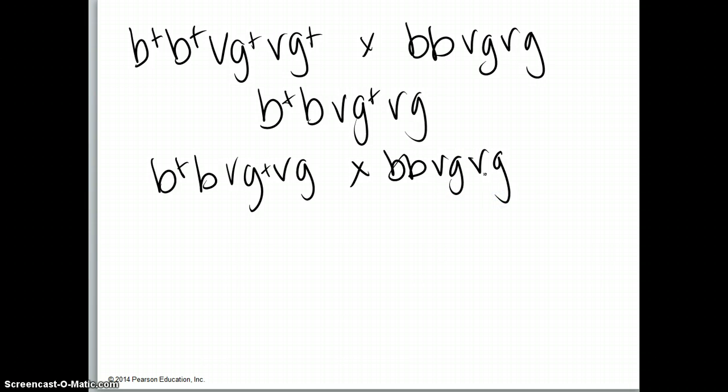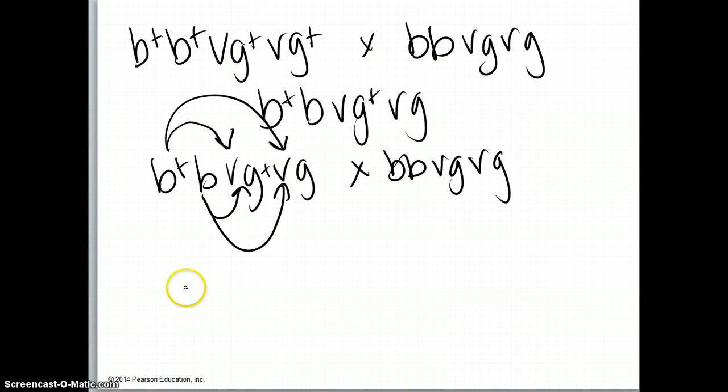Okay, and note VG is one gene. It's for vestigial wings, actually, in flies. If I did this cross, what you would expect to see is a variety of different offspring. So remember, you do your foiling. Okay, so I have 4 different possible gametes that I could make.